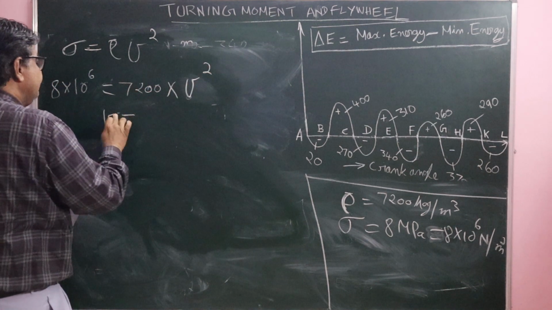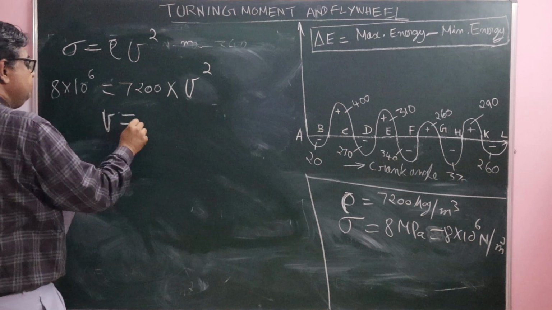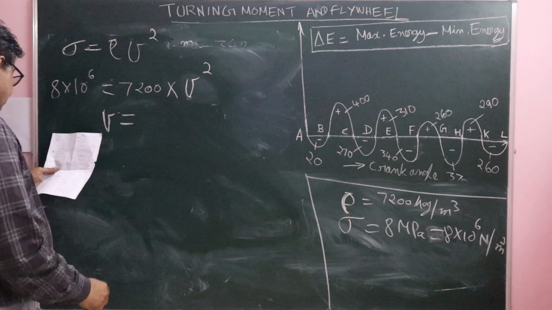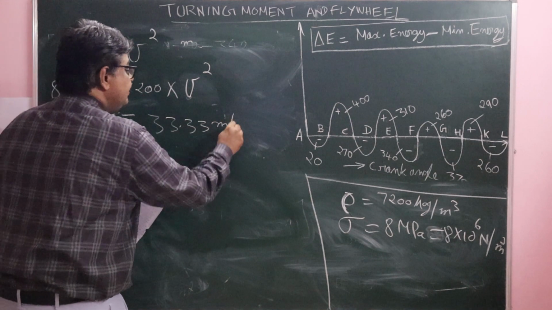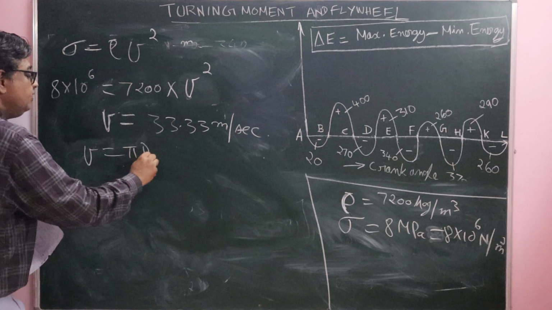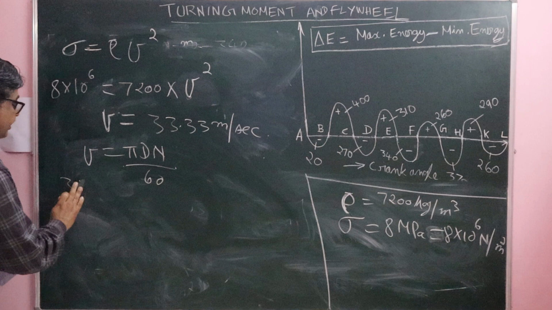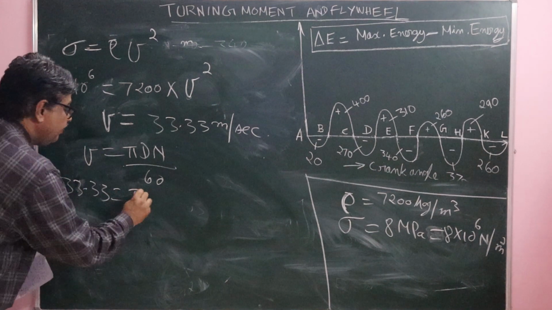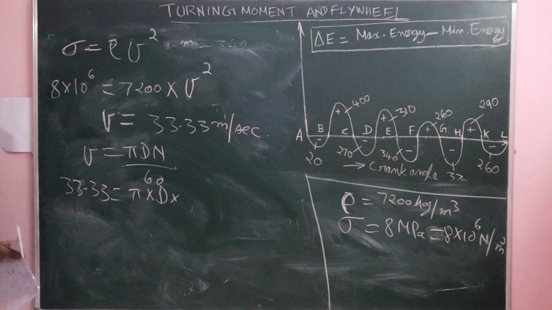Therefore, mean velocity of the flywheel rim V is equal to 33.33 meters per second. We know that V is equal to pi into D N by 60. Therefore, 33.33 is equal to pi into D, where D is the mean diameter of the flywheel rim.